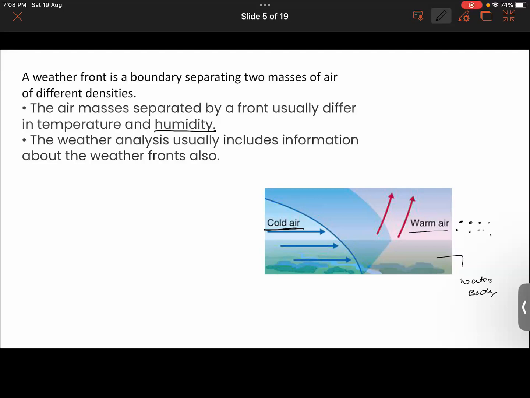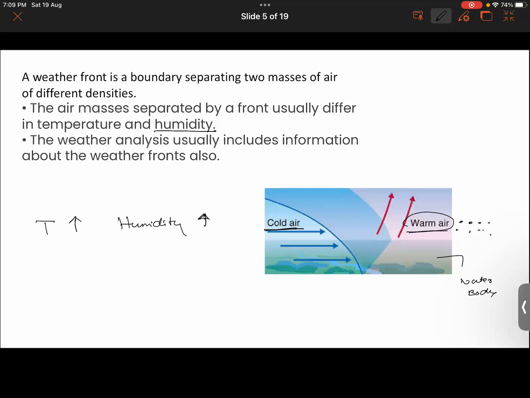And as we already studied moments ago, if you increase the temperature, then humidity also increases. So the warm air molecules, since the temperature is higher, the amount of water vapor they carry will also be higher. Any confusions? Please do tell me. Sundus, did you get what I just explained? And Vaiga? Yes, sir.